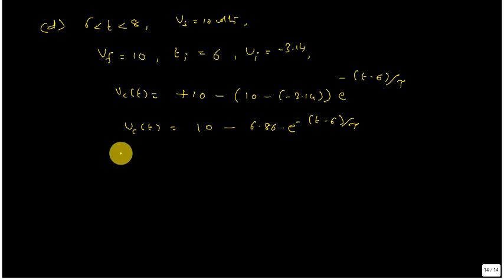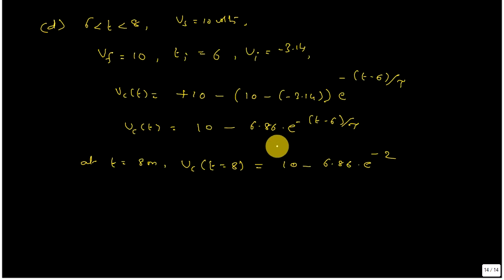Okay, so at t = 8 seconds, that means Vc at t = 8 can be written as 10 minus 13.14 into e power minus 2. t is substituted with 8, 8 minus 6 is 2, 2 by 1 is 2, e power minus 2. So it will be around 8.14 volts.